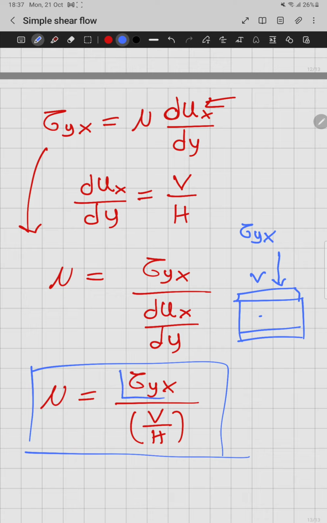You also know the velocity at which the top plate is moving, because you fix that in your experiment, and you know the distance between the parallel plates. So you know all this information, which will be useful to estimate the values of viscosity. This is why simple shear flow is important in the laboratory, also to study complex fluids. I just wanted to mention some applications of this flow.